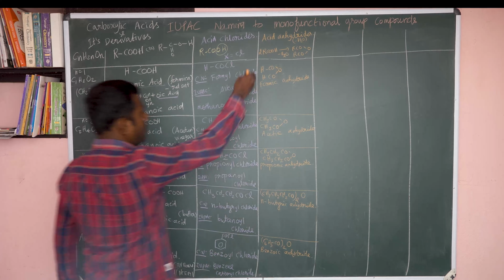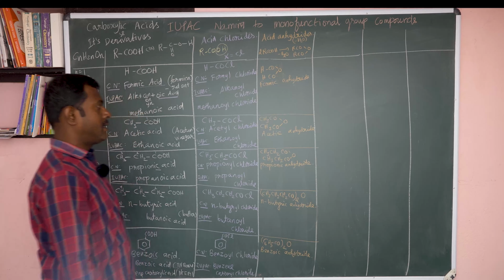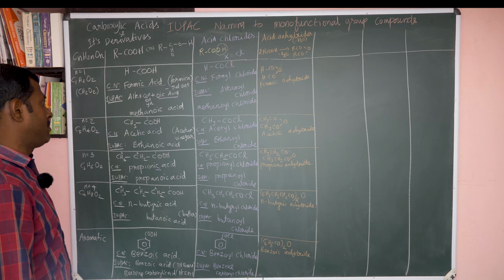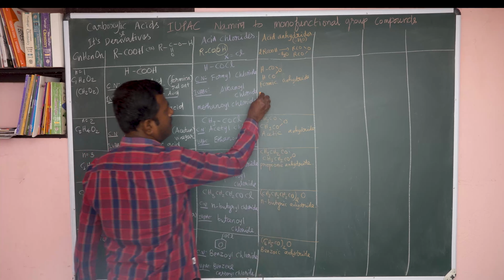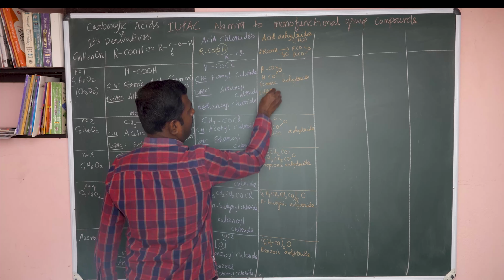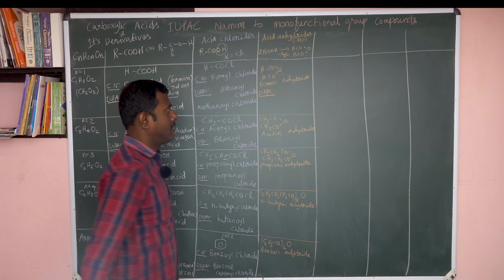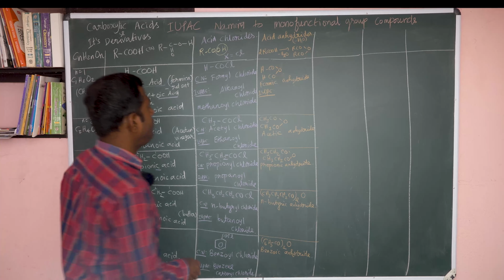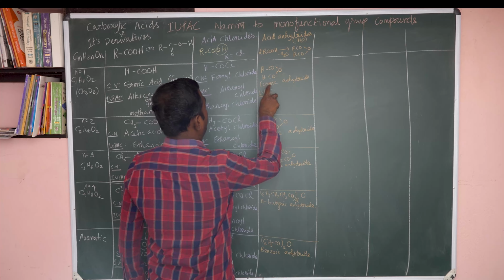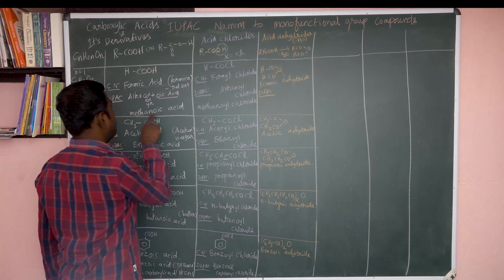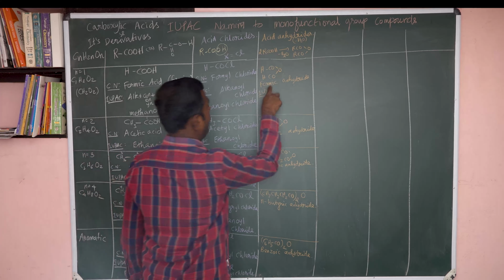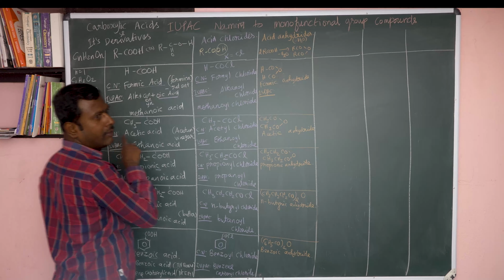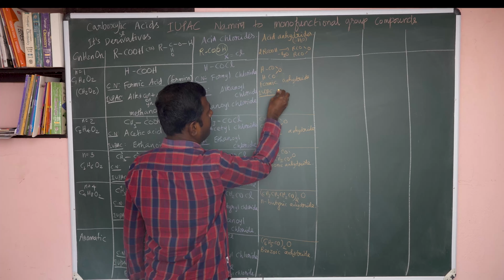So these are all acid derivatives with their common names. Now let us write their IUPAC names. What is the IUPAC name of formic acid? Methanoic acid. So for formic, the IUPAC name is methanoic.